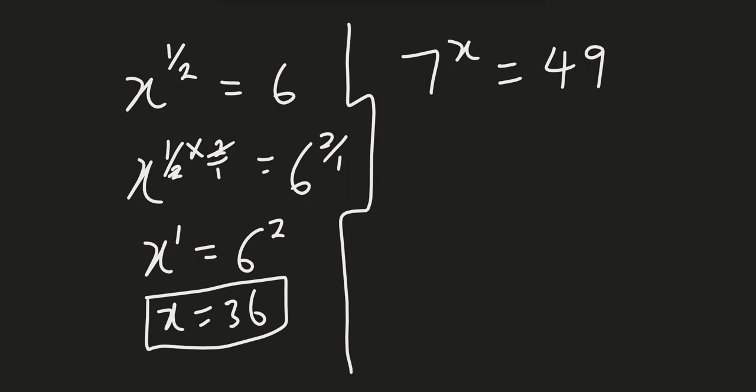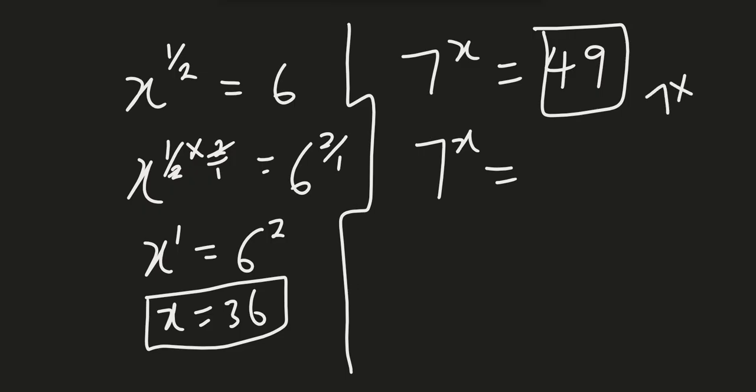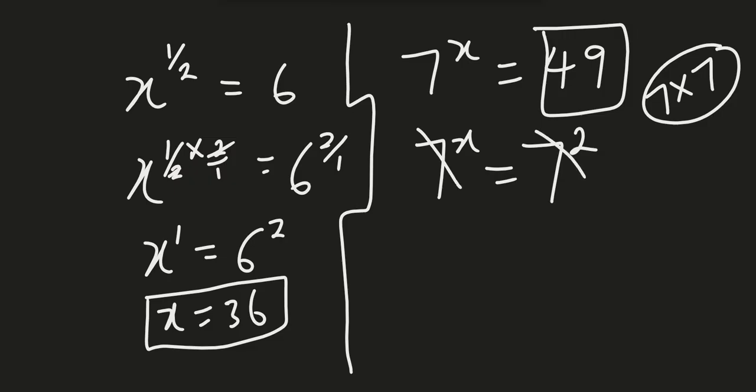We have to balance this 7 raised by x, and want 49 to look like 7 raised by something. 49 has to be what? The value of 7 that will give 49 is 7 times 7, which is 49. So 7 multiplying itself twice is 7 raised by 2. And so we'll cancel this part, and x is equal to 2.